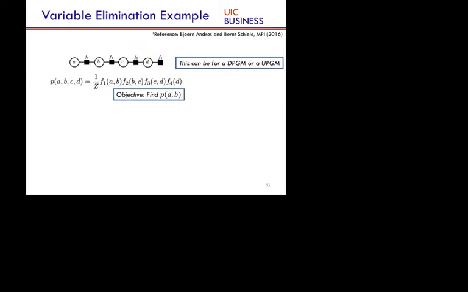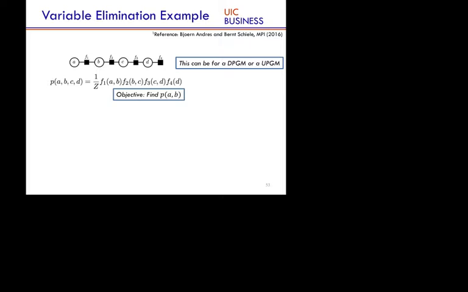So let's say we want to compute. We know that the functional form of the probability of a, b, c, d will be this, right? We can read that off from the graph. So f1 is attached to 2 variable nodes, so it's f1 of a, b. f2 is attached to 2 variable nodes, so it's f2 of b, c, and f4 is just attached to 1 variable node, so it's f4 of d.